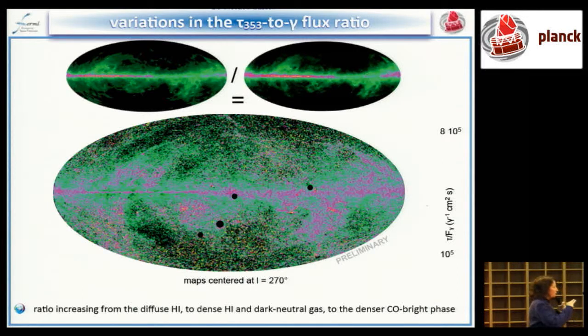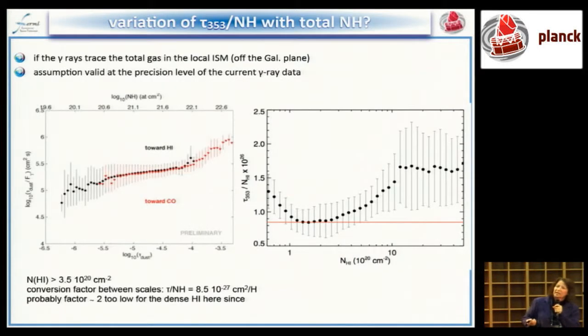It tells you that the ratio evolves with the total gas you're expecting from the nearby clouds. And you see it better on this plot here, where you have the ratio of the dust optical depth to the gamma ray flux, which you can use as a total gas tracer, and then you just look at the dust opacity, or emissivity if you prefer.